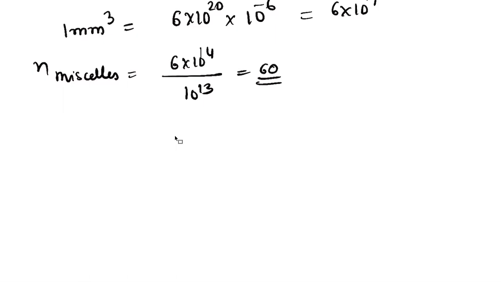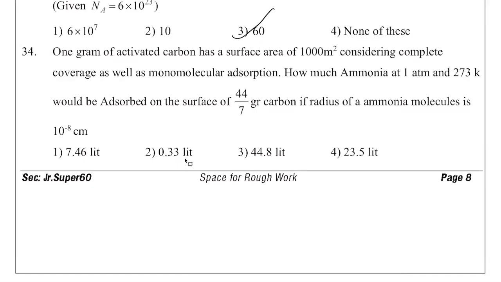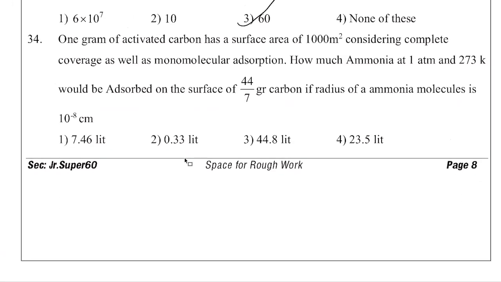Okay, students. Let's see the next one. 1 gram of activated carbon has a surface of 1000 meter square, considering complete coverage as well as the monolayer of adsorption. How many ammonia molecules at 1 atm and 273 kelvins would be adsorbed on surface? Okay, now let us see this question.